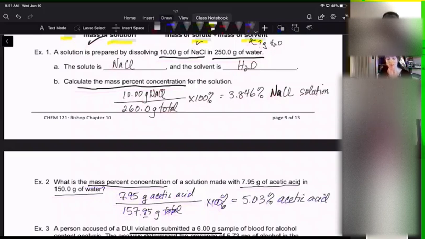And that's about 5% acetic acid. I think that's about what we see in vinegar. This ends up with 3 because of this value.